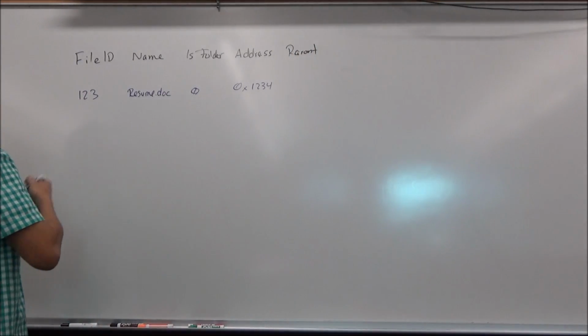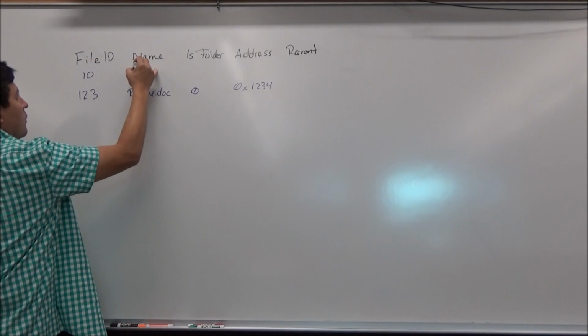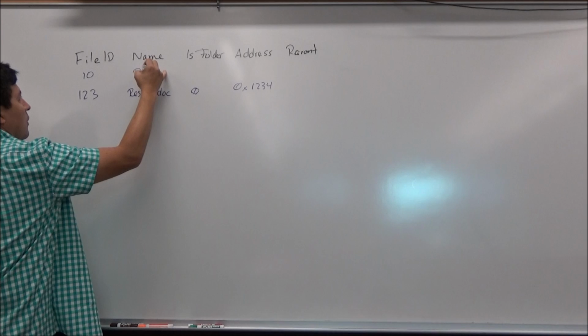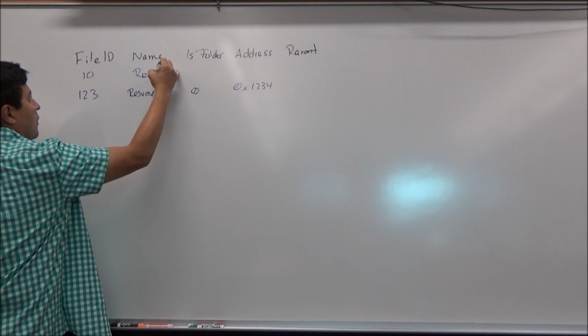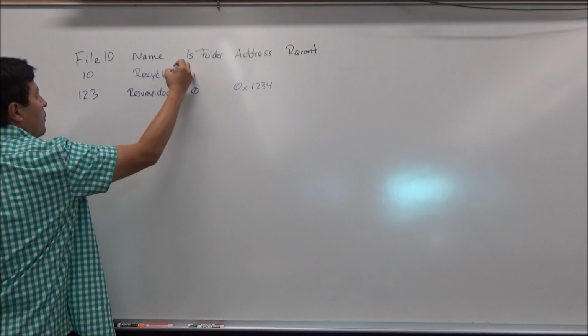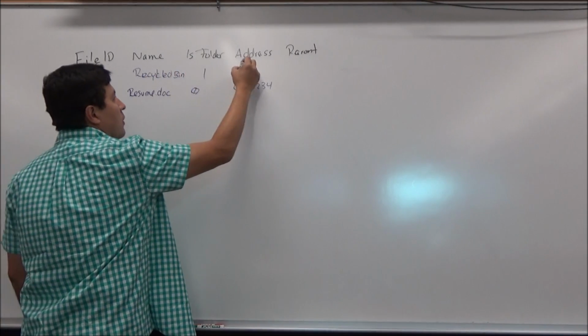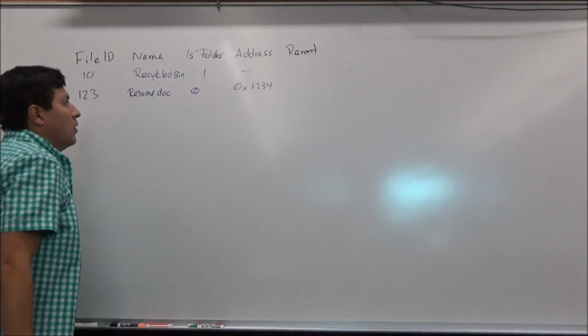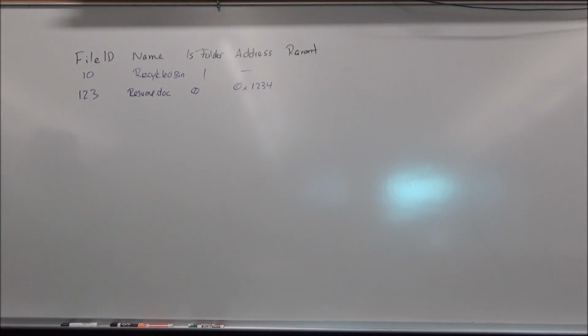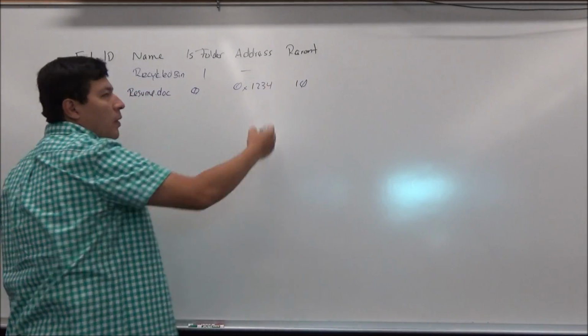And there's a system folder, I don't know, what's the ID? It's called recycling bin, right? It's a folder, and there's no address. So when you delete the file, the parent changes to the recycling bin, so you can go there and restore it.